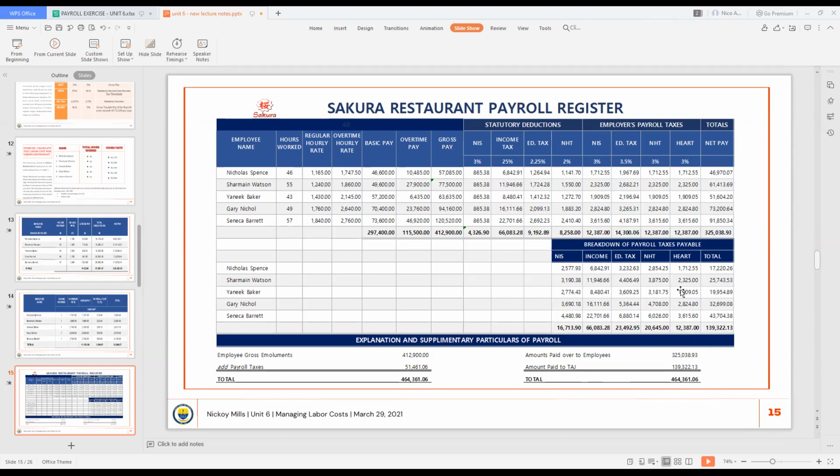But if you want to find out how much each employee is costing you, then this is how I do it. So I just wanted to show the breakdown. That's why I broke it down here to say, okay, how much is each of these people costing?